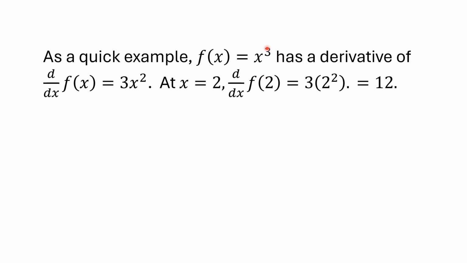This is using the derivative of a power, x to a power. It would be 3 times x to the 3 minus 1, or x squared. At x equals 2, the derivative is 3 times 2 squared, or 12. Now that's the slope.